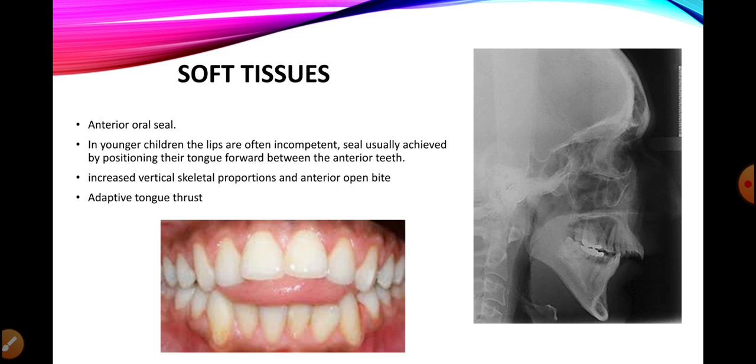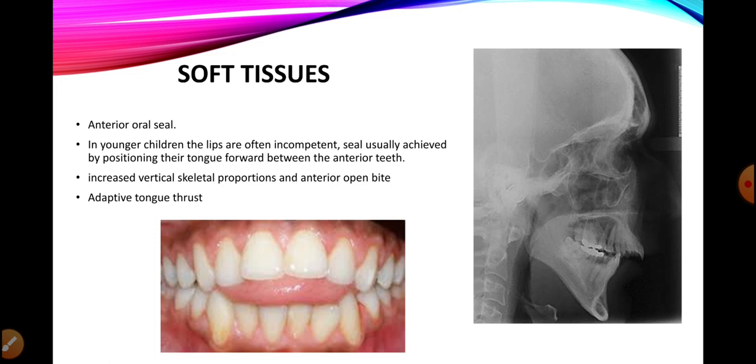So what is an anterior oral seal? A seal that is created anteriorly in order to swallow. In younger patients, because the lips have not yet attained their complete level of vertical maturity, there's a certain degree of lip incompetency.